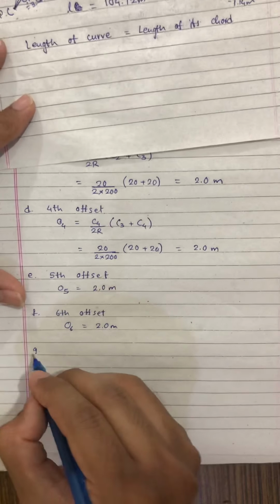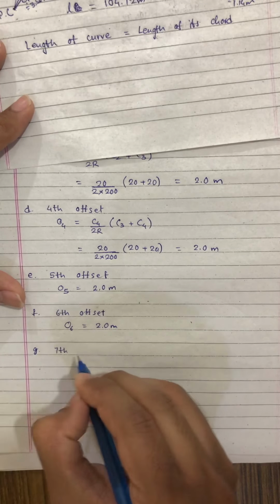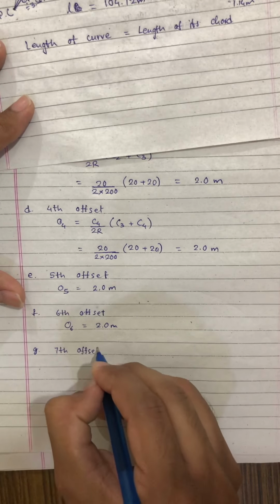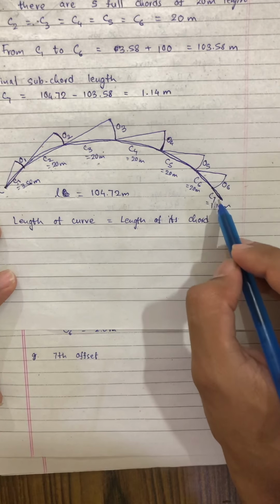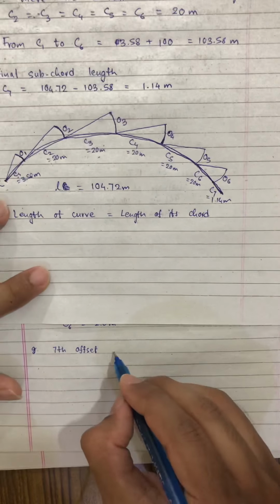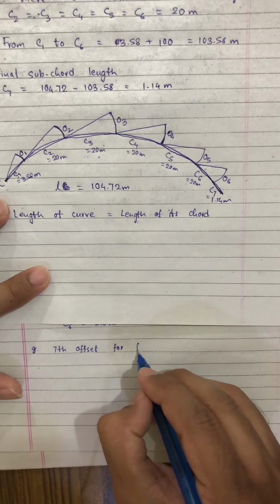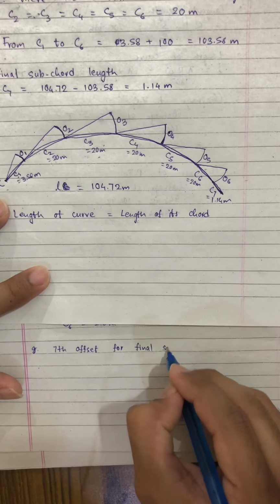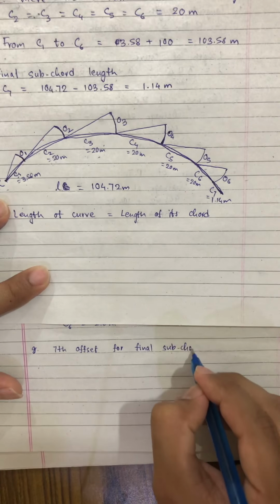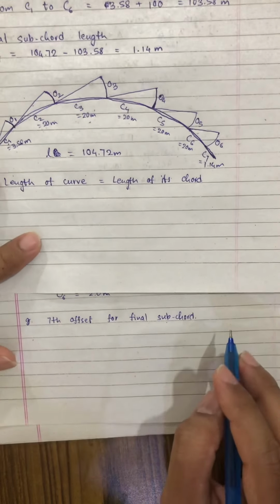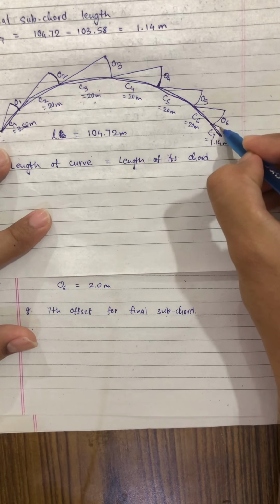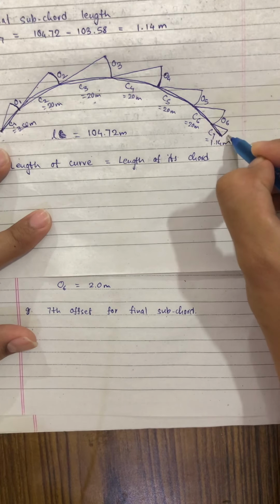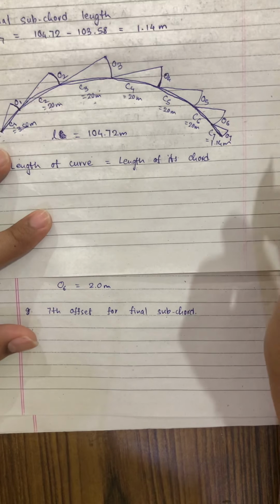Then finally, we need to find the seventh offset. This is the seventh offset for this chord C7, for the final subchord. This is given as O7.